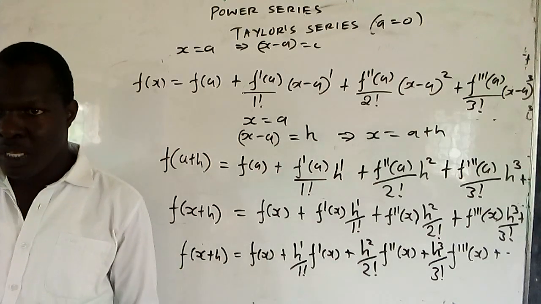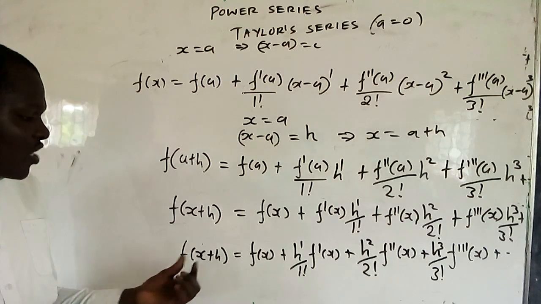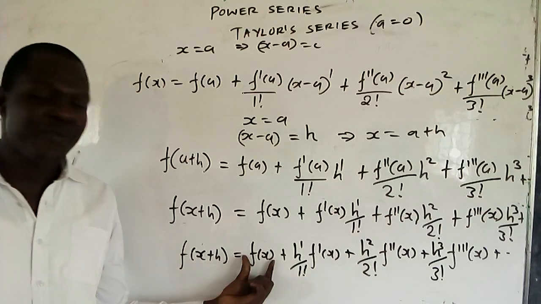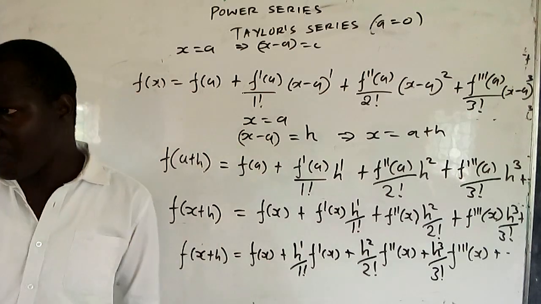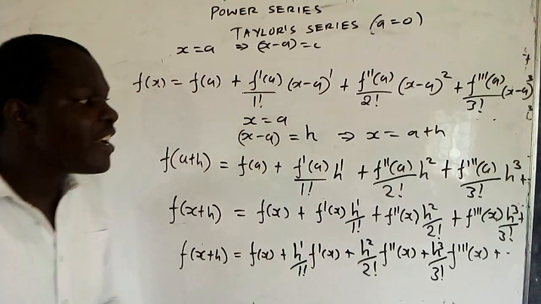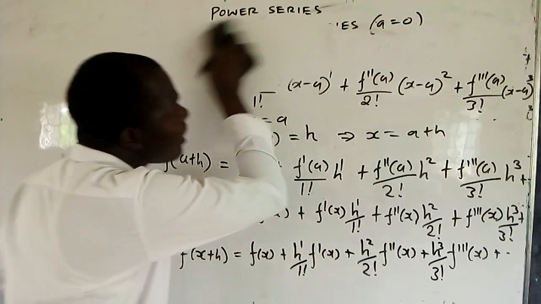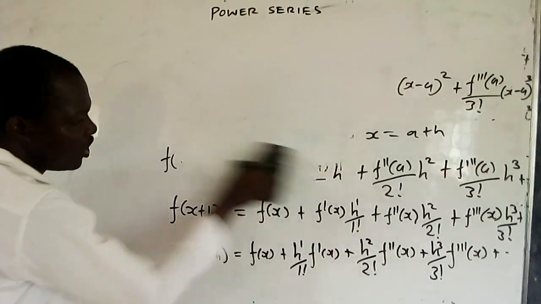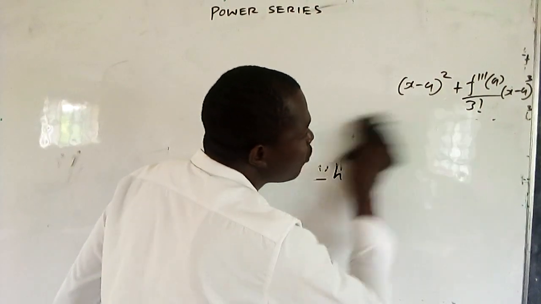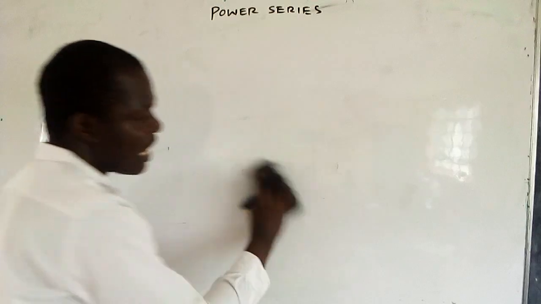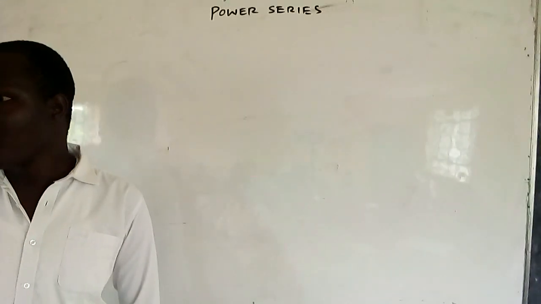Are we together? Now, in conclusion, what have you seen? You've seen in a function f of x plus h, start from f of x. And you've seen in the function f of x, start from f of a, isn't it? So you can design a sort of algorithm for mastering these 3 power series. Are you seeing that? You can come up with an algorithm or a methodology or just some kind of procedure of mastering the three series.